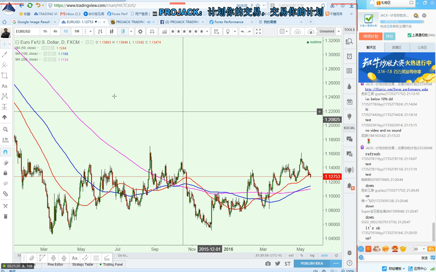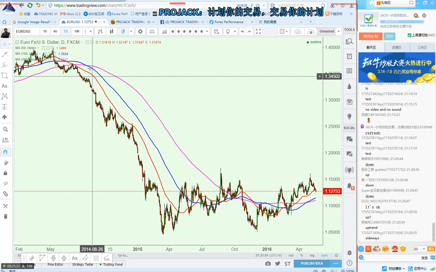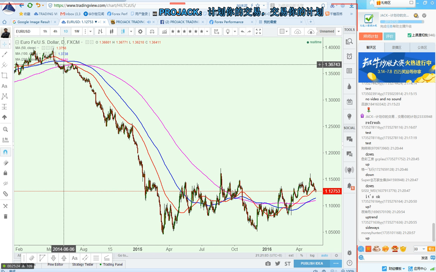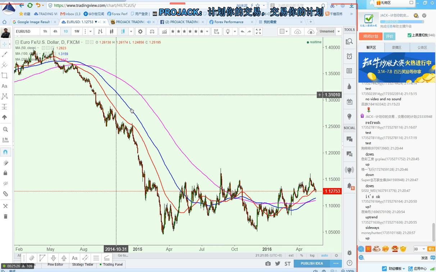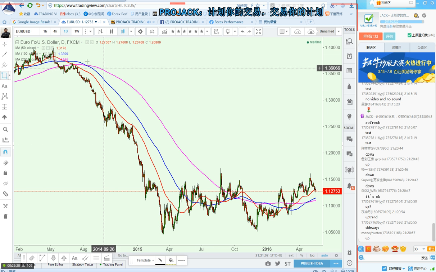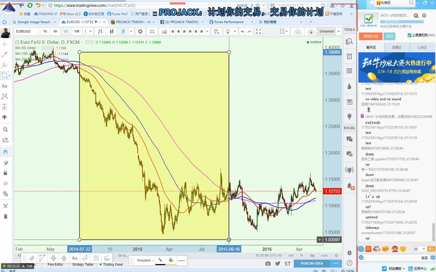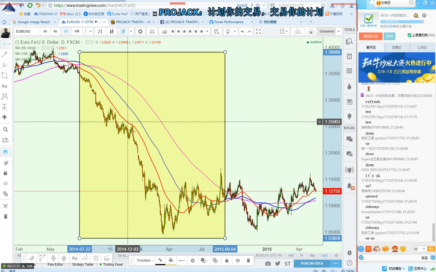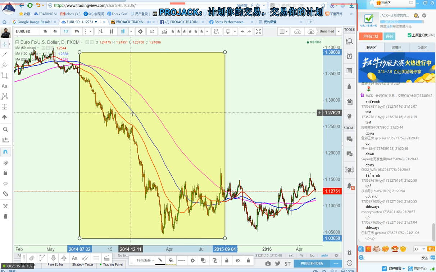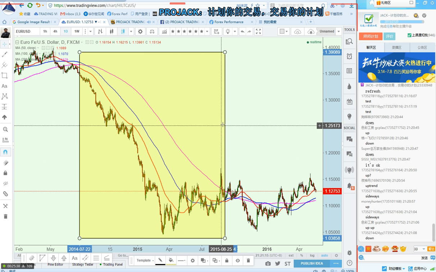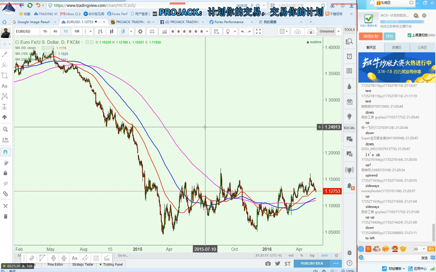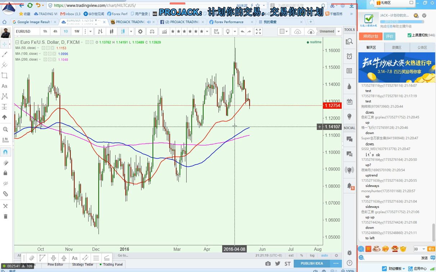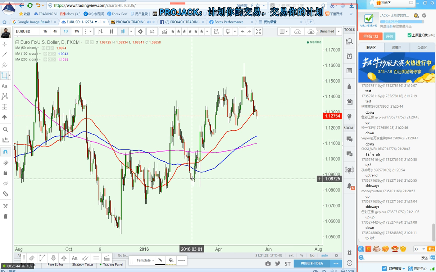Look at the curve. If we look from here, from 1.36 all the way, this part is definitely a downtrend, right? Because all the MA is coming down. How about this part, starting from here?